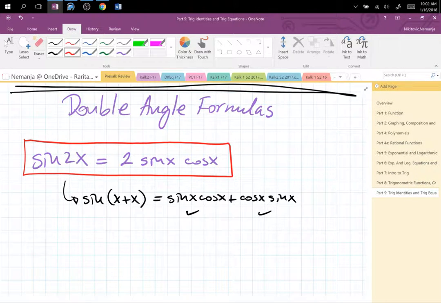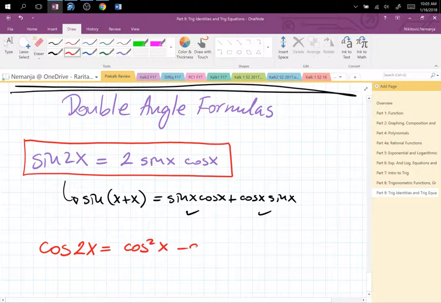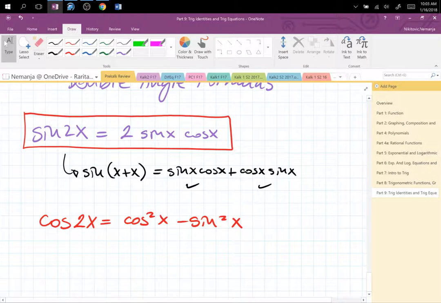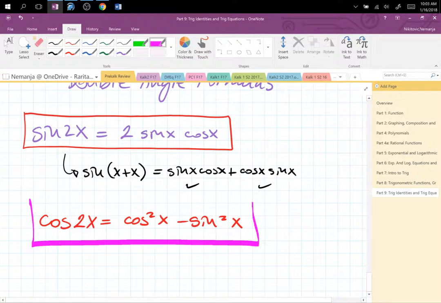Now much more important, which gives us the other important formula, is the cosine of 2x. And then you can write again cosine of x plus x and work it out. You get cosine squared x minus sine squared x. Now this formula is insanely important.